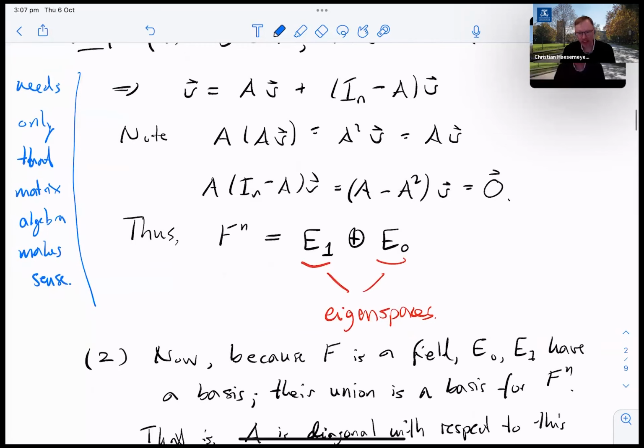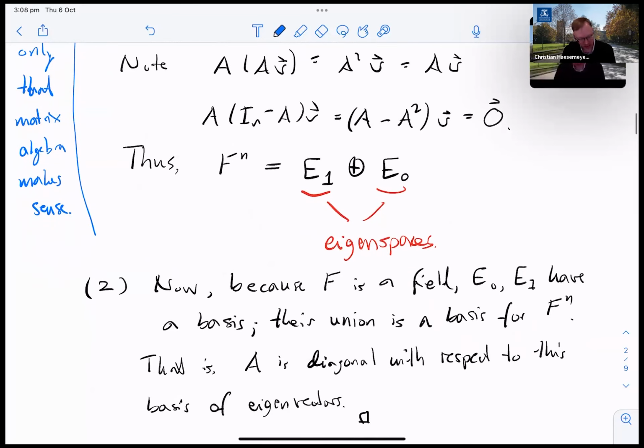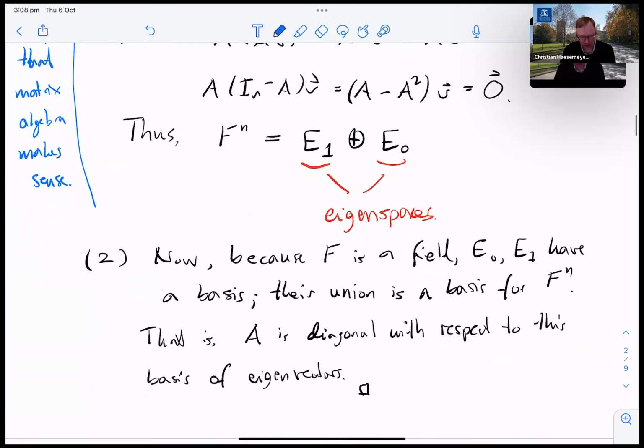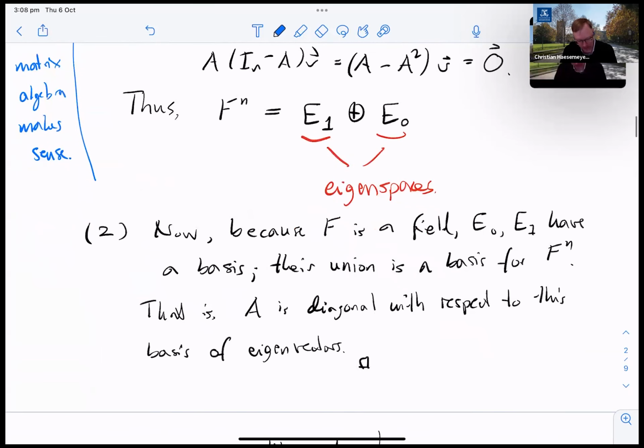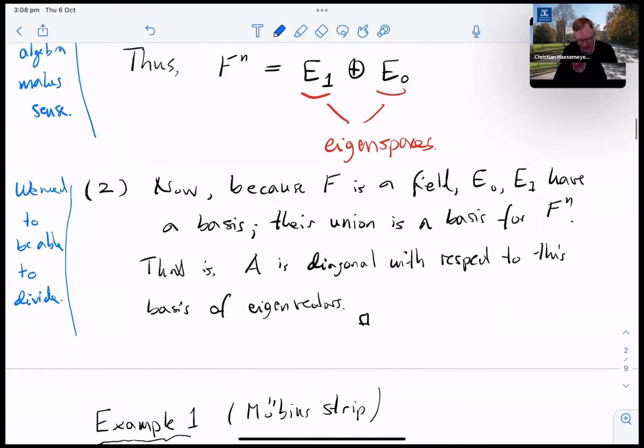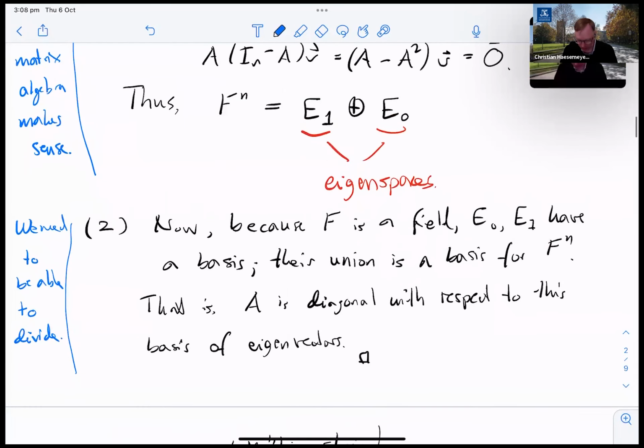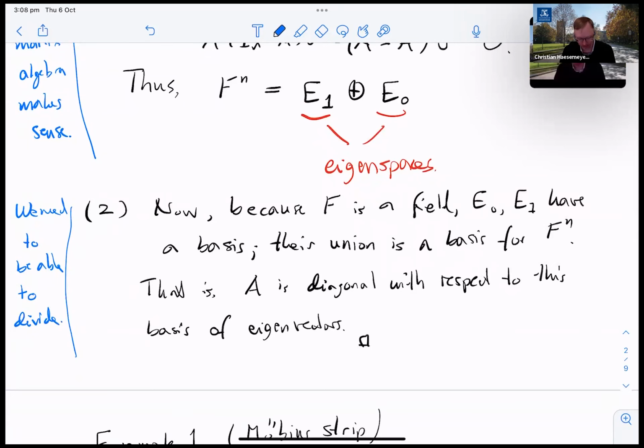We need to be able to multiply them. And multiplication needs to be associative, and addition associative, commutative, and the whole thing needs to be distributive. That's really all we need. But in the second part, we need to be able to really row reduce, and that comes down to the fact that we can divide by non-zero elements in the field. We'll see that this is not a necessary condition, but it's certainly used in this proof.